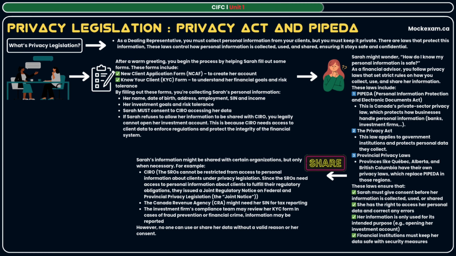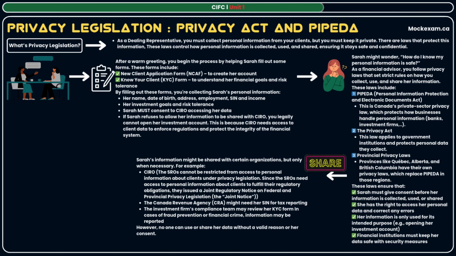To protect everyone, I need access to this information. Another organization that Sarah's data, or client's data, may be shared with is the CRA, the famous Canada Revenue Agency, which might need Sarah's SIN number for tax reporting, for example.